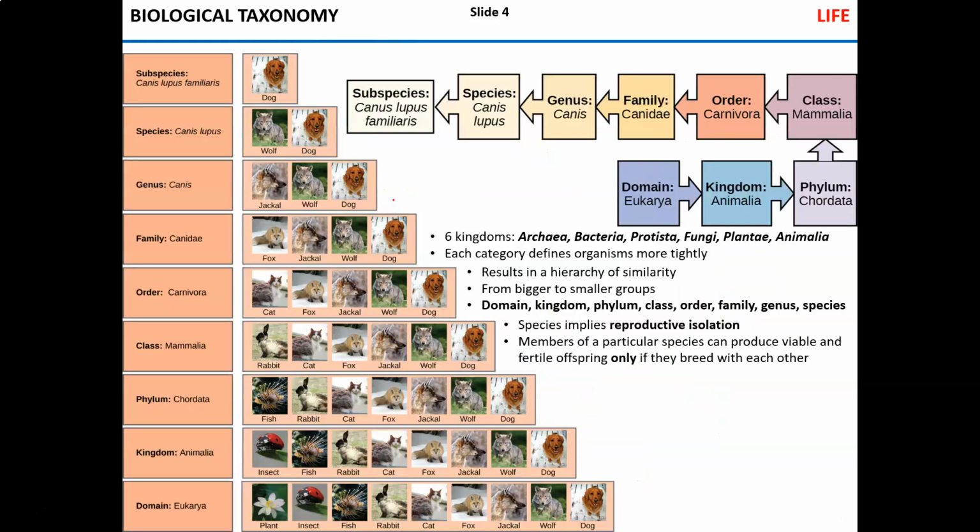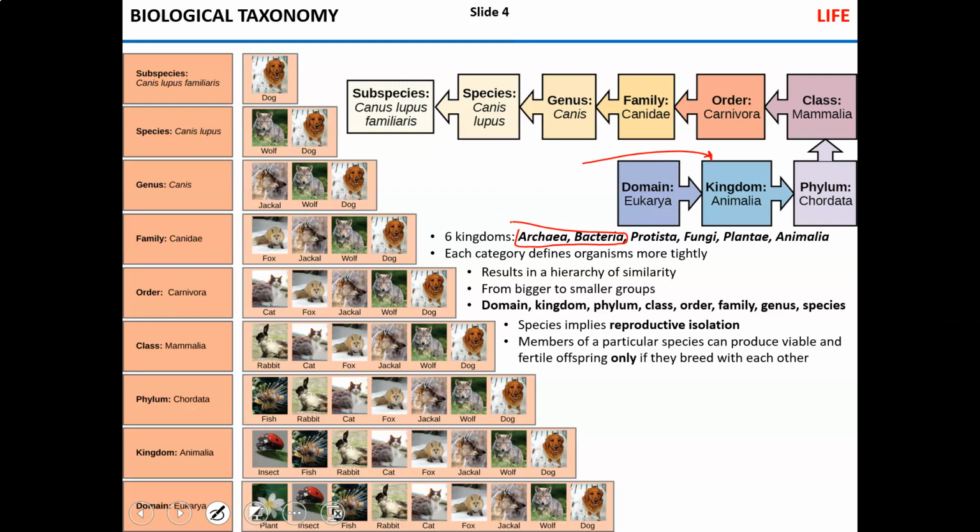Let's take a look at other aspects of biological taxonomy using an example of a dog. But before that, let's see which other biological taxa lie under domain. So under domain is the kingdom. An interesting feature is that archaea and bacteria represent both a domain and a kingdom.